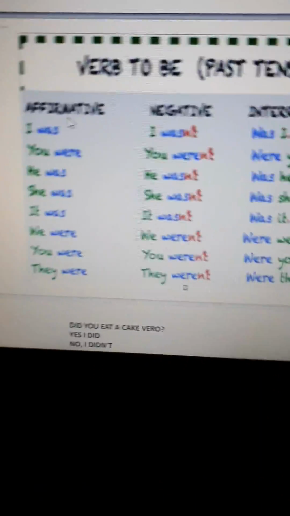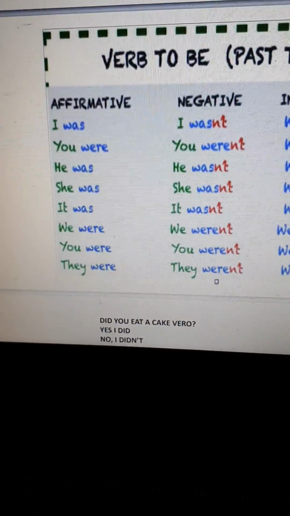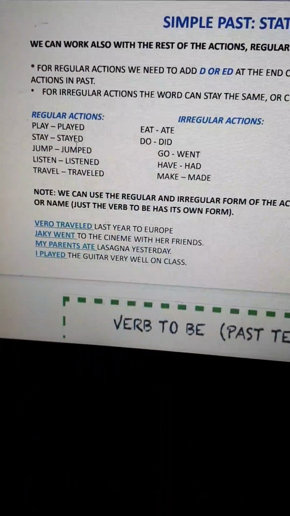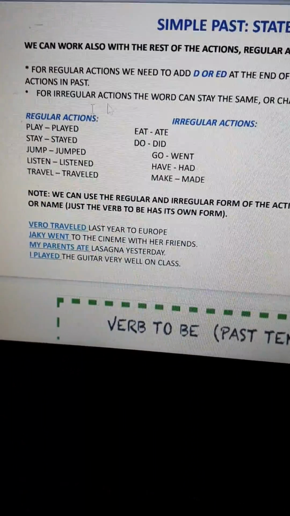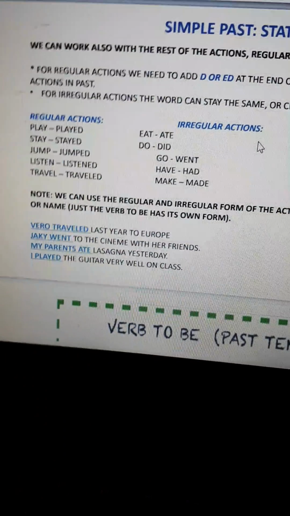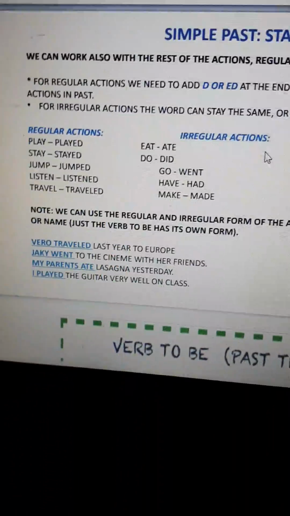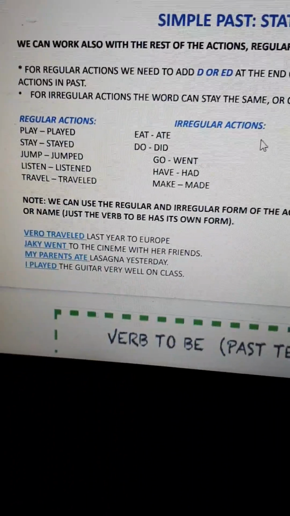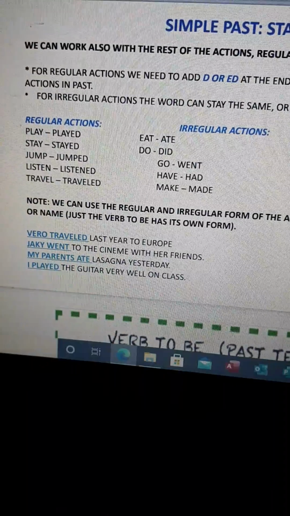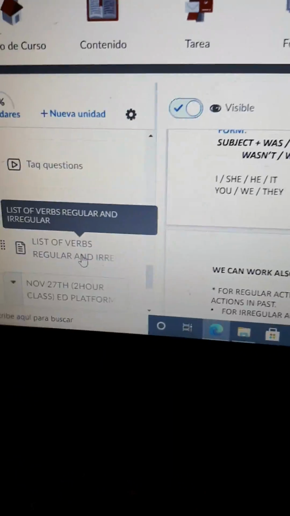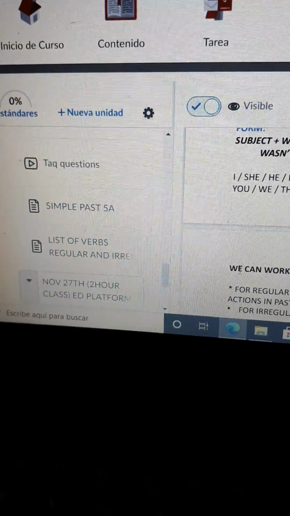Okay, but if you're working with regular and irregular actions, well, you have to pay attention to how the word is written.